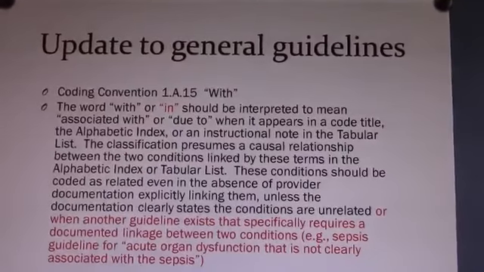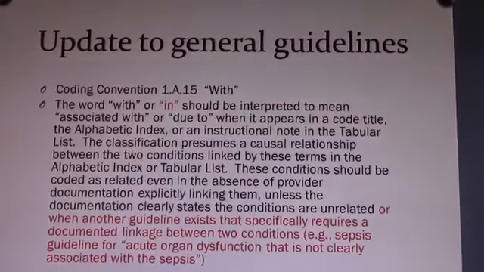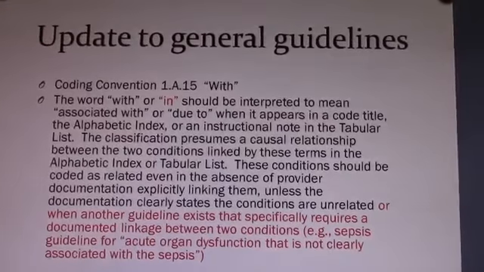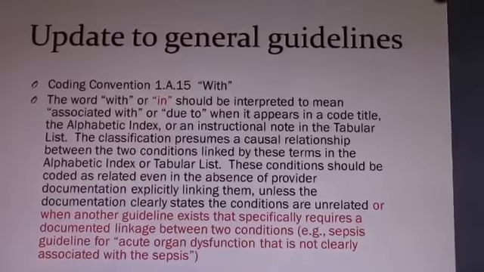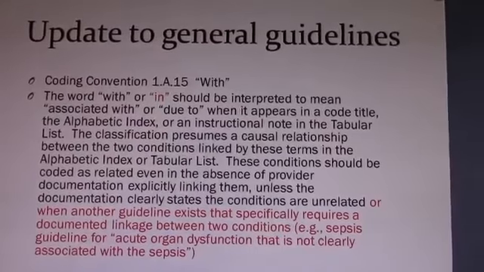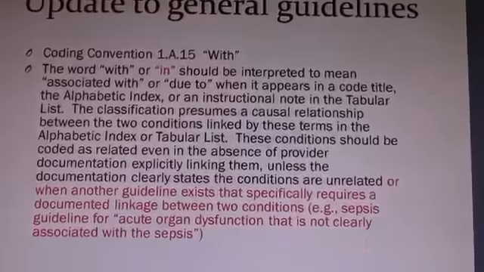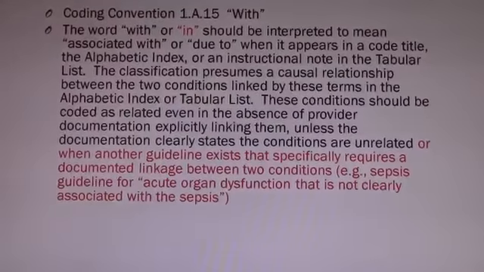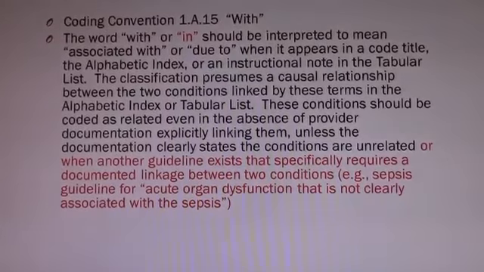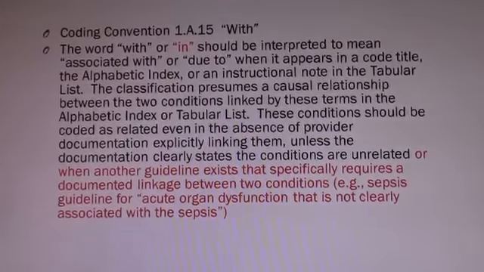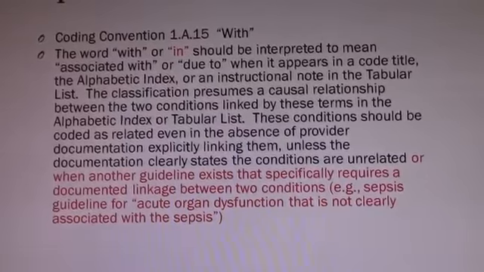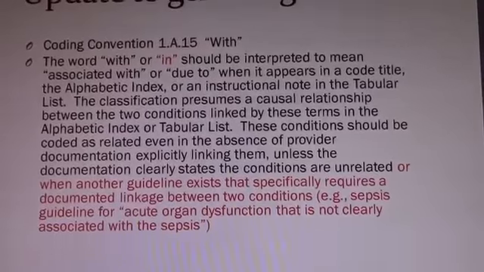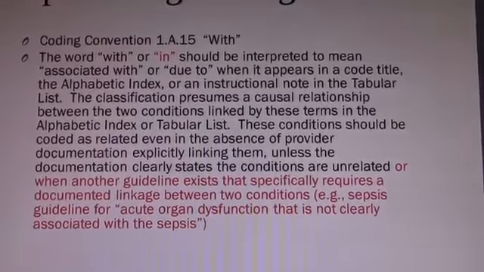These conditions should be coded as related, even in the absence of provider's documentation explicitly linking them, unless the documentation clearly states the conditions are unrelated or when another guideline exists that specifically requires a documented linkage between two conditions, for example, sepsis guidelines for acute organ dysfunction that is not clearly associated with sepsis.